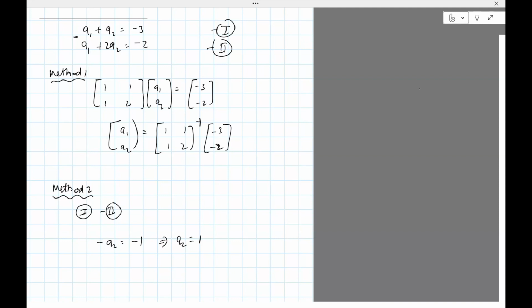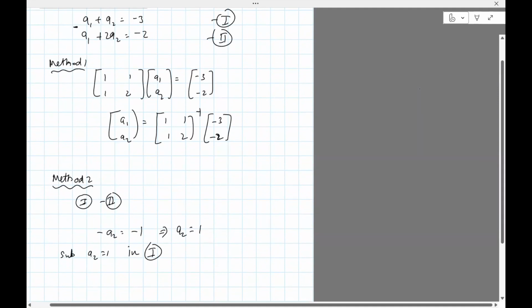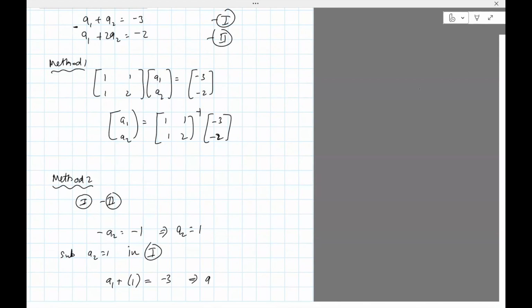Once you have a2, you can just sub it in any of those expressions. Sub a2 equals 1 in, let's say, 1: a1 plus a2 equals -3, so a1 equals -4. So we've got a1, we got a2, and a0 was already 2.